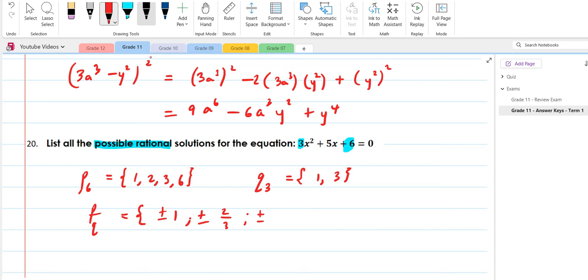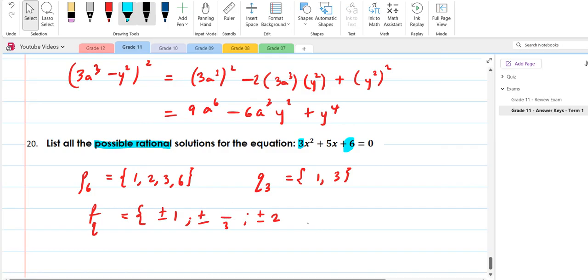We were doing plus minus 2 over 1, which is 2, because we are done with 1 over 1 and 1 over 3. Second, this should not be 2 over 3, that should be 1 over 3.